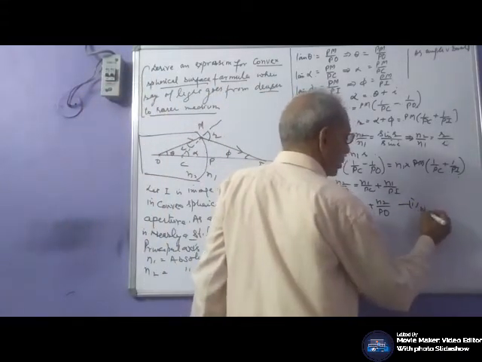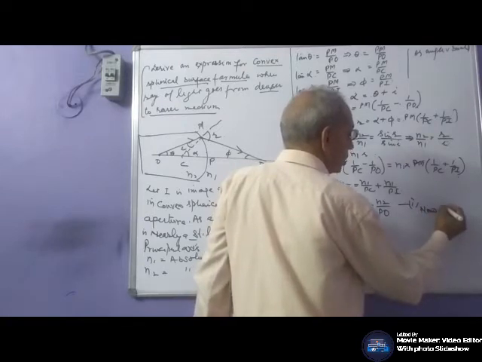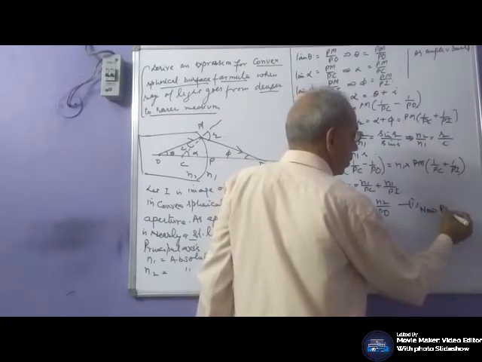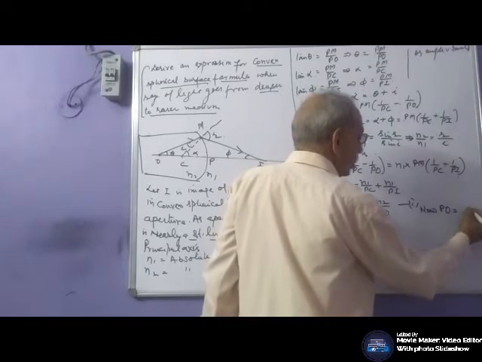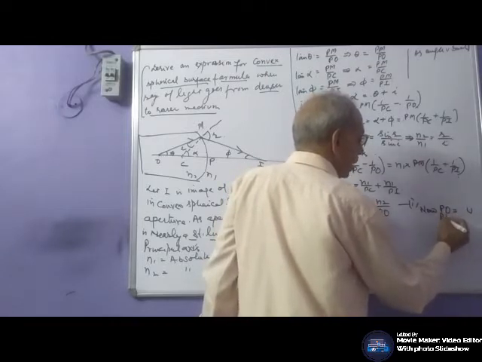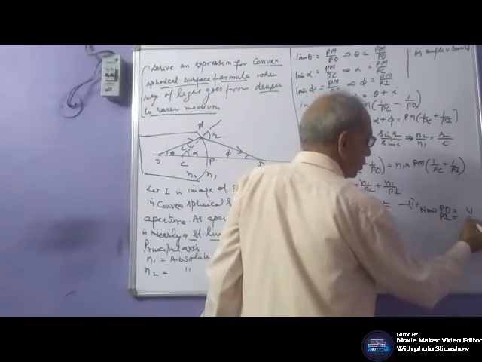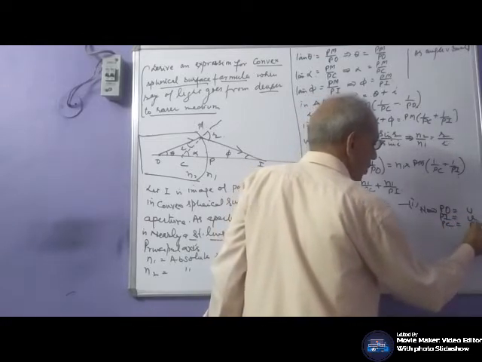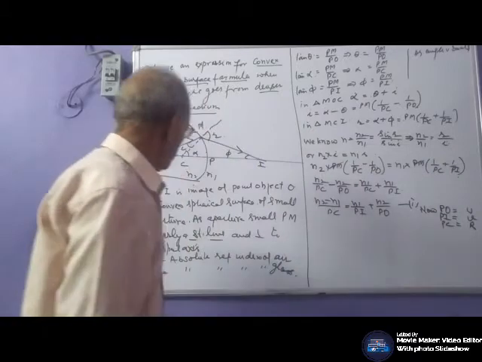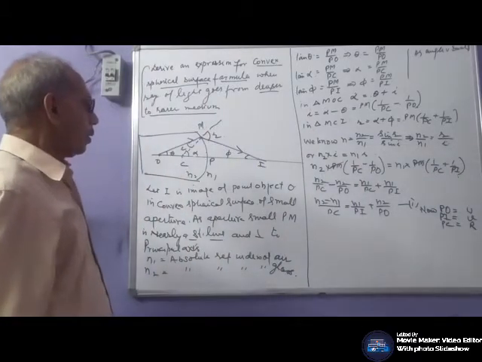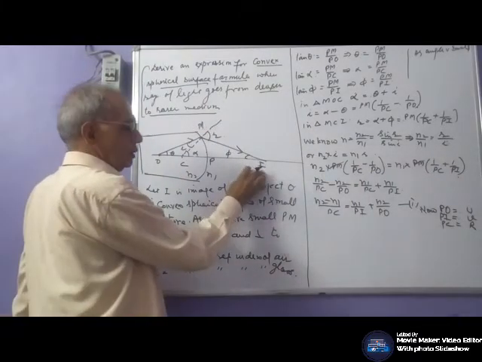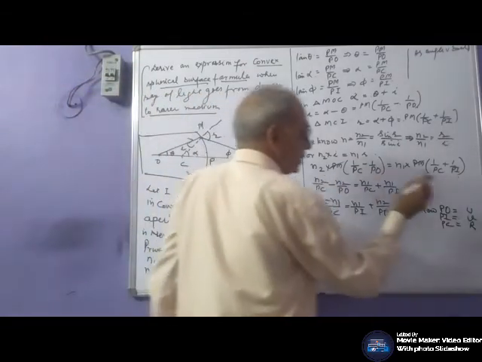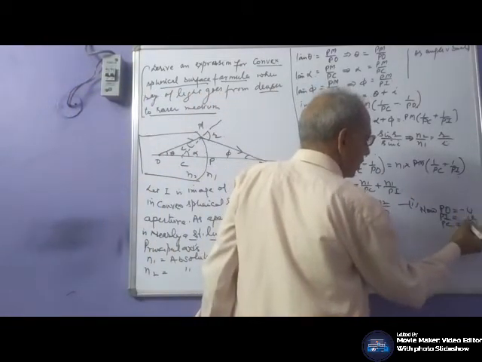Now PO, object to pole, is U; PI, image to pole, is V; PC, center of curvature to pole, is R. Only this is on the right side, these are on the left.